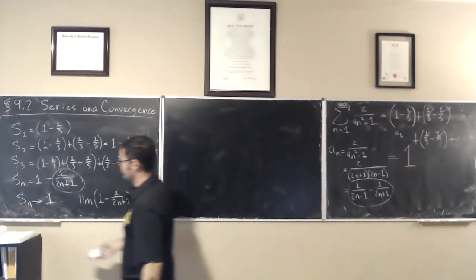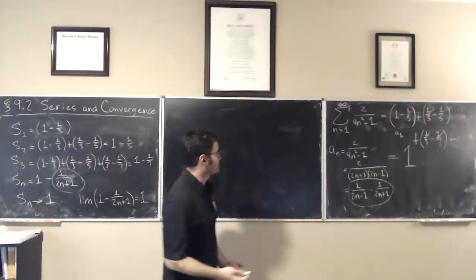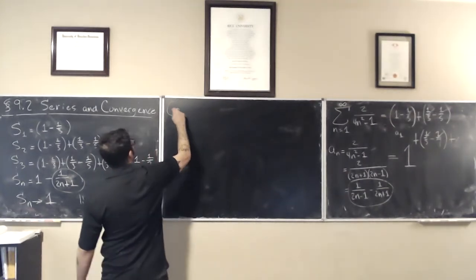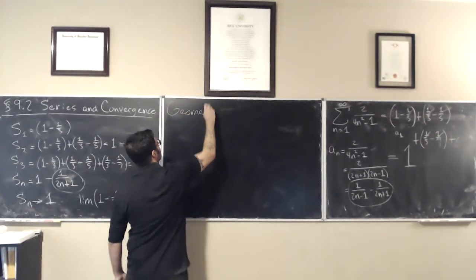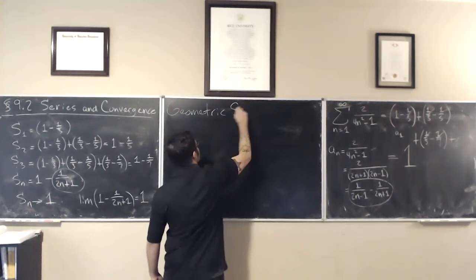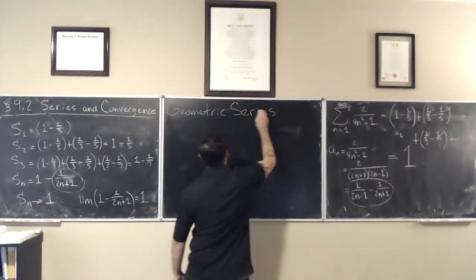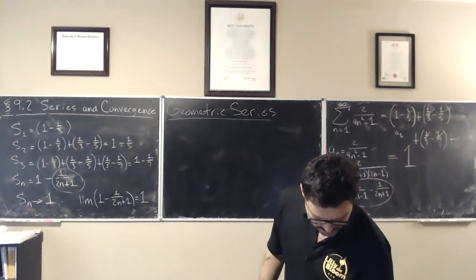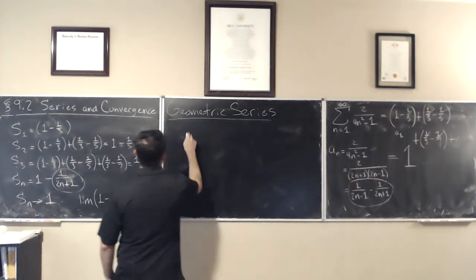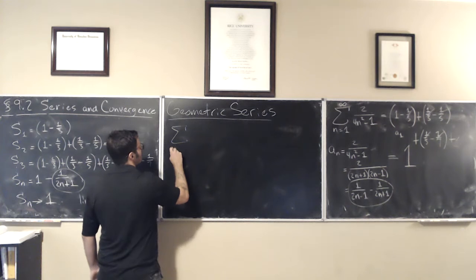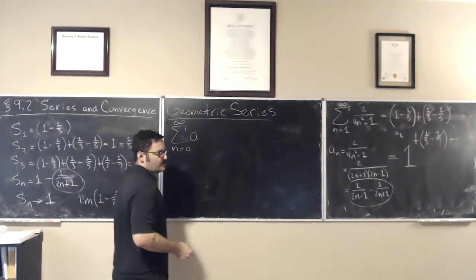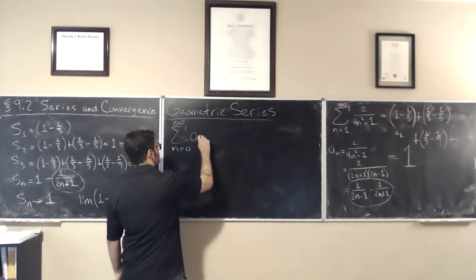What else do we have? There are geometric series. How do they describe it? The sum of a times r to the n, n equals 0 to infinity, where a is non-zero. A geometric series can also refer to finite series. They don't have to be infinite.